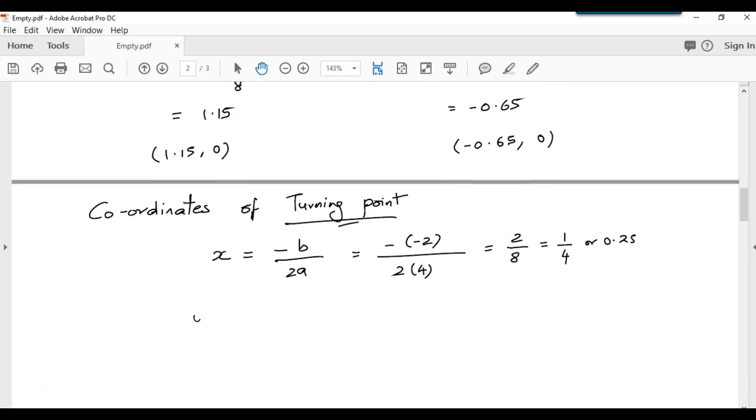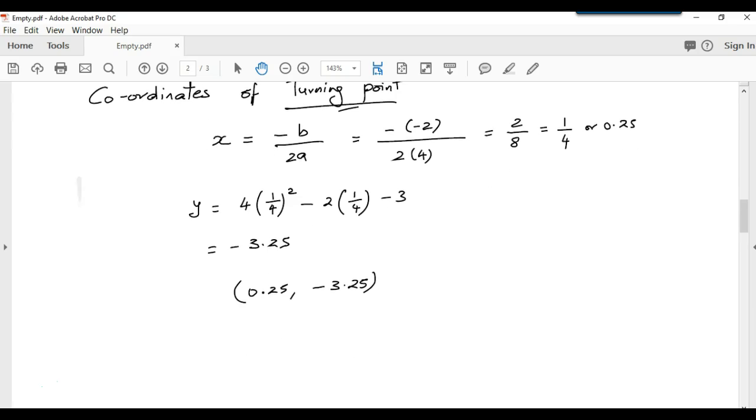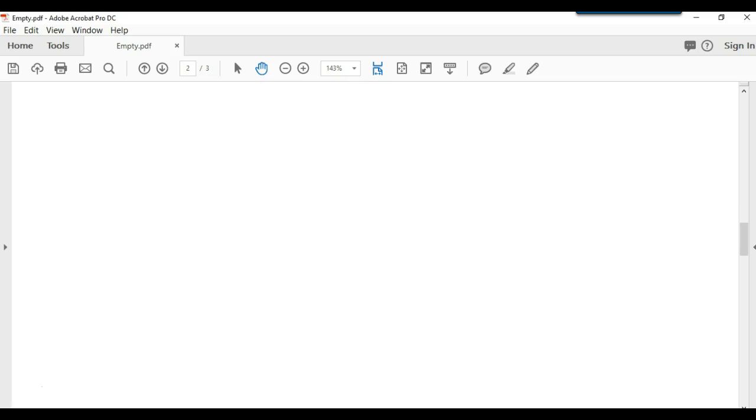To work out the y-coordinate, we substitute that into the equation. So 4 times a quarter squared, take away 2 times a quarter, take away 3. If you put that in your calculator, we get the value as negative 3.25. So the turning point for this quadratic function is 0.25, comma, negative 3.25. One final step, we are going to sketch this quadratic function.